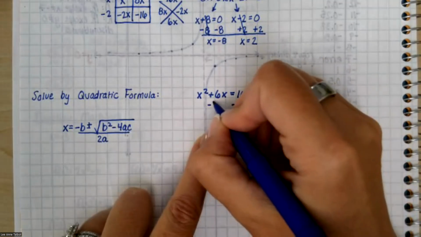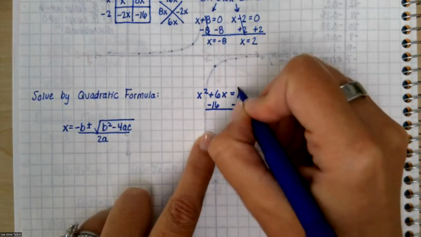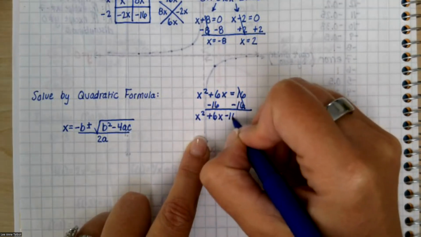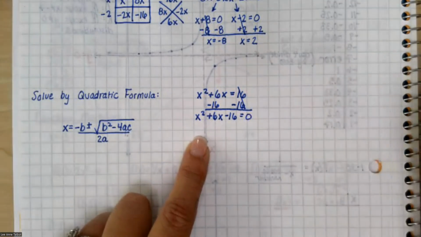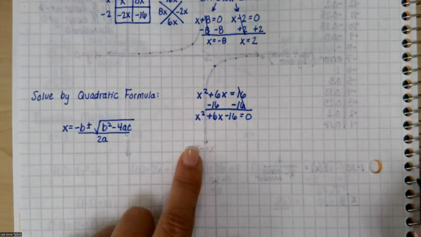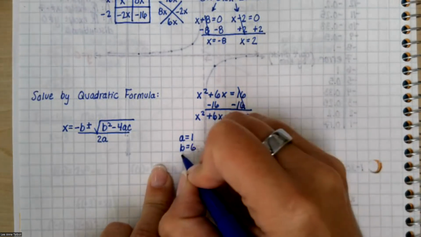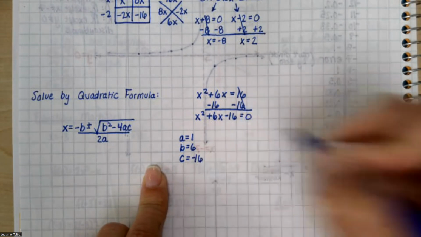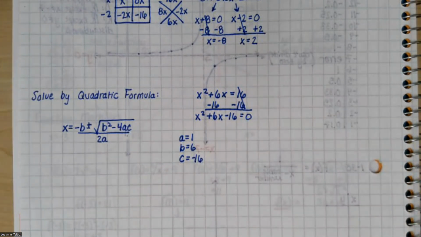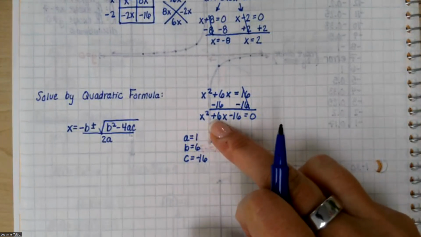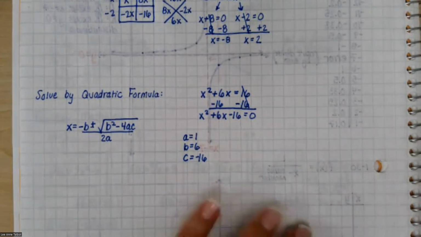First thing, get it equal to 0. And then assign A, B, and C from the leading coefficients in your problem. So A is the 1 from 1x squared, B is 6 from 6x, and C is negative 16.